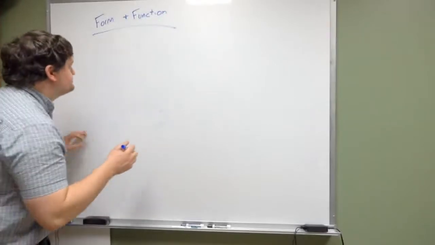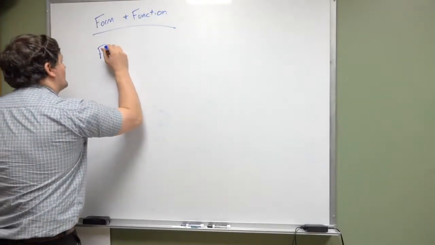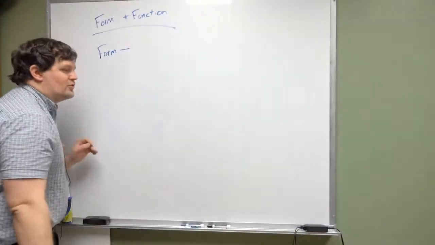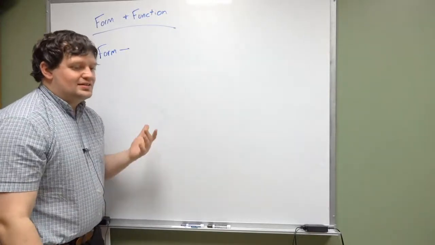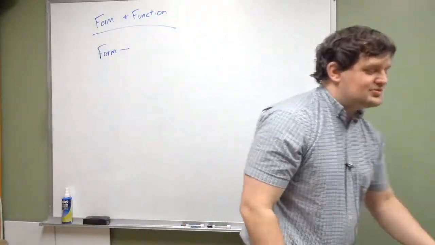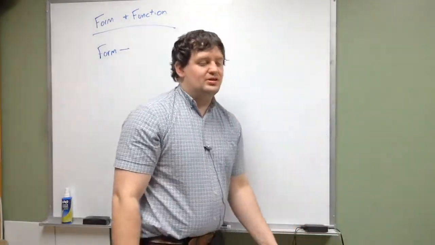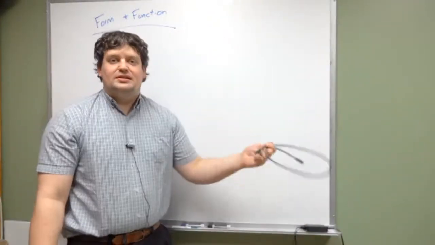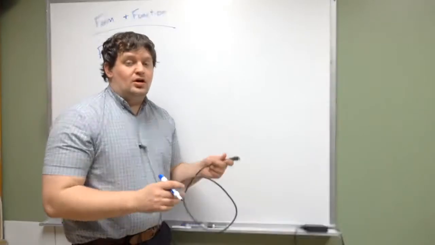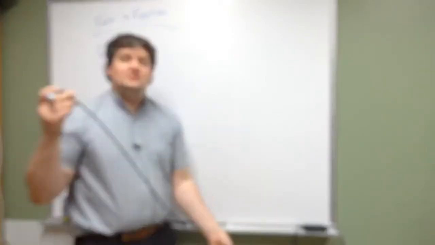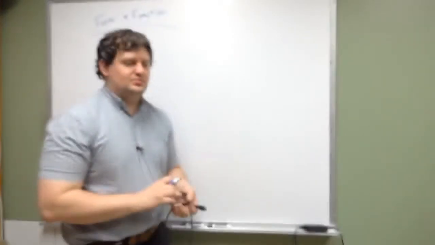Form: the idea behind form is, okay, let's say I need to transfer information from one location to another. You know, a cable is a form of something that does that.